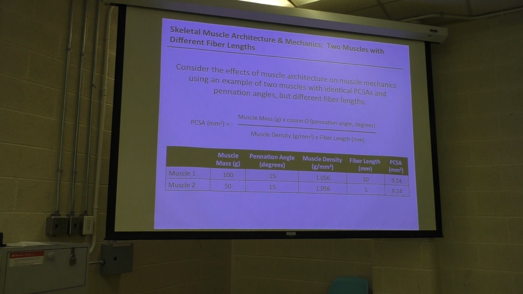So now, what happens when you have different fiber lengths? You'd actually have to change the masses to keep these things constant, but when you have different fiber lengths, could someone take a guess on how the force, velocity, power curve would look?